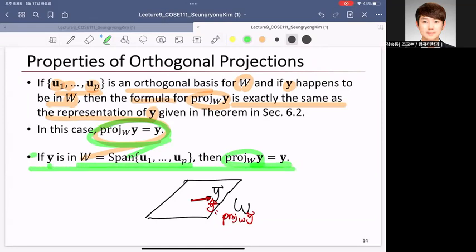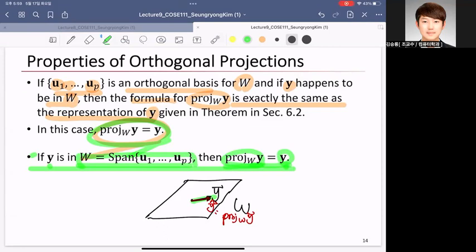Again, if y is in W spanned by u1, u2, and up, where u1, u2, and up are an orthogonal basis for W, then the orthogonal projection of y onto W is equal to y itself. This is the property of the orthogonal projection.